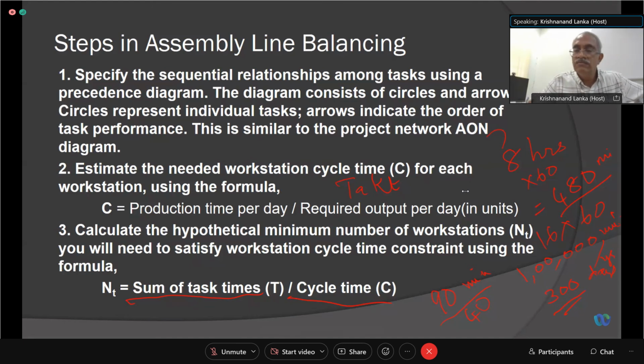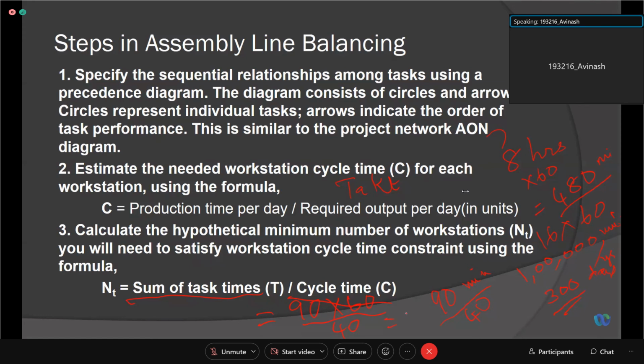So that comes to 90 into 60. You convert that into seconds and divide by 40. That is 135.